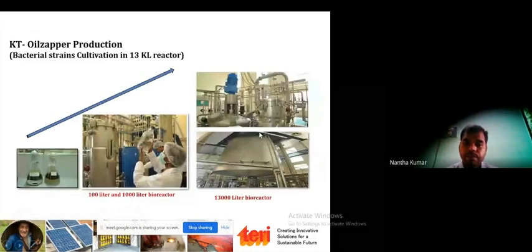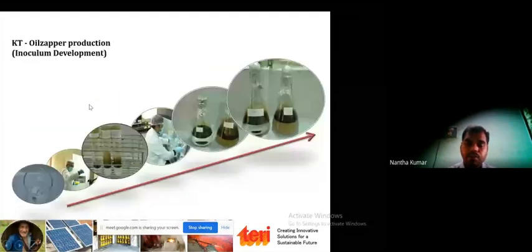You can see how the selected bacteria are stored in appropriate conditions, then revived in laboratory conditions, then tested for degradation efficiency. Frequently and repeatedly it is tested and stored appropriately. Then it goes for degradation in shake flask.